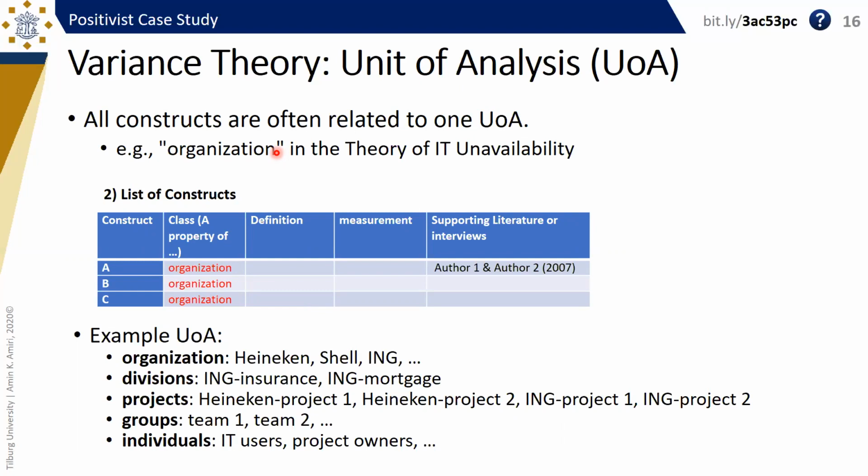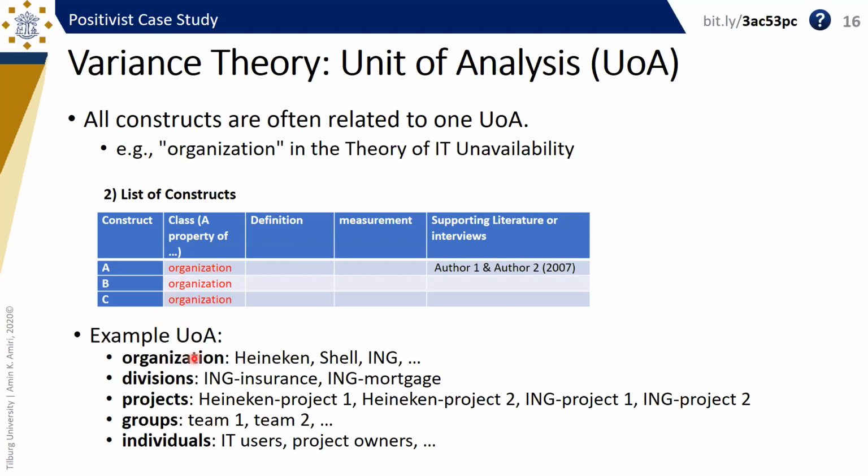Or firm performance is a construct, or student performance is a construct of a thing in this world which is student. Here you would see that we usually have organizations or individuals in this column, in this unit of analysis. So, some examples of these classes or units of analysis are Heineken.